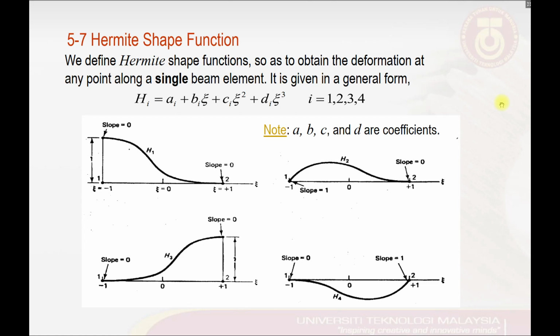So we define the Hermite shape function so as to obtain the deformation at any point along a single beam element.